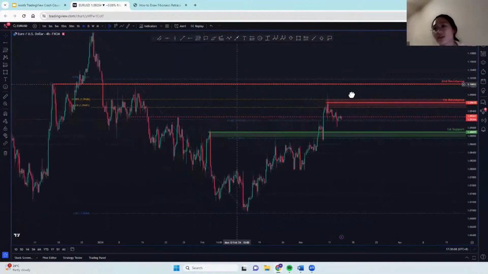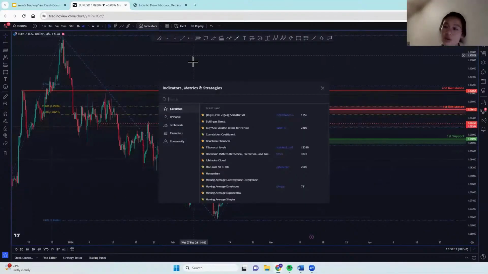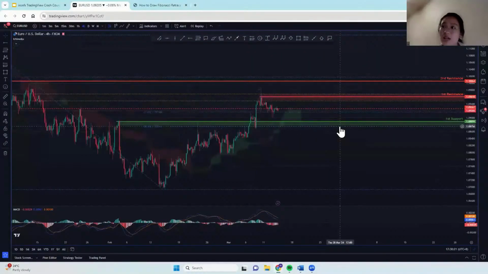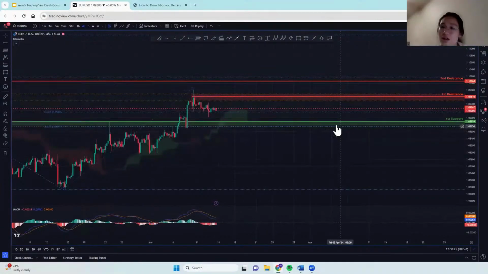Okay, so now the next step is to click on our indicators and look for indicators that support our analysis. Starting off with Ichimoku and MACD, because at one glance you can see exactly what the signals are.